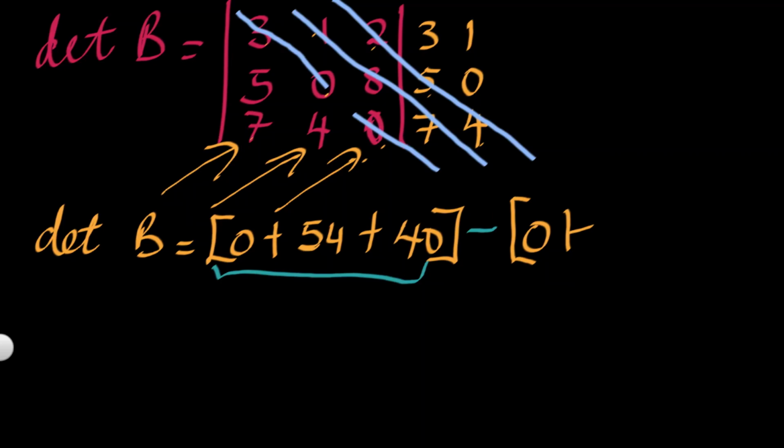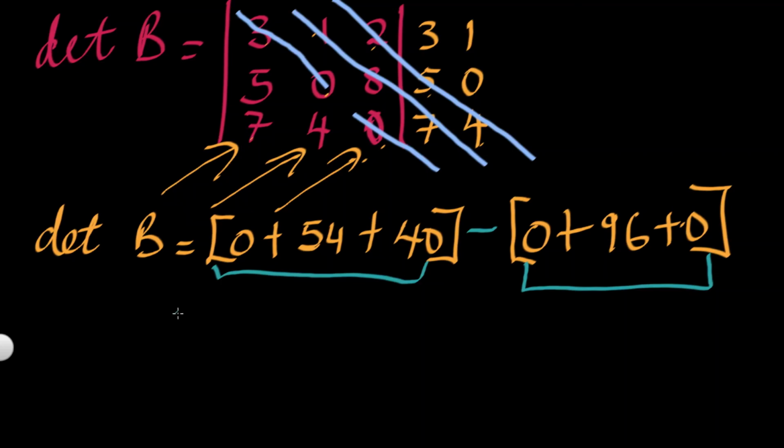I get 96. So that's 96. The other one is 0 times 5 times 1, which is 0 plus 0. So this is the sum of the products of the minor diagonals. So I just subtract these two and I get my final answer, which is minus 2.